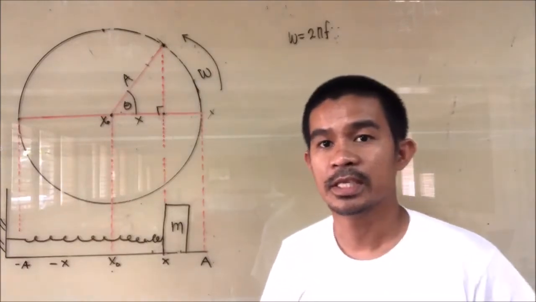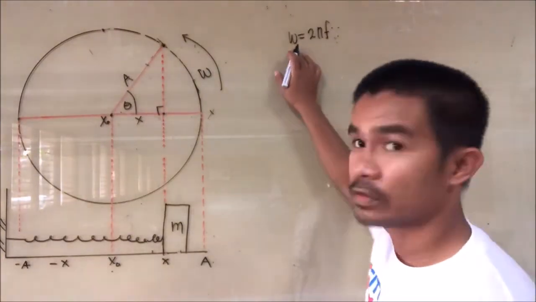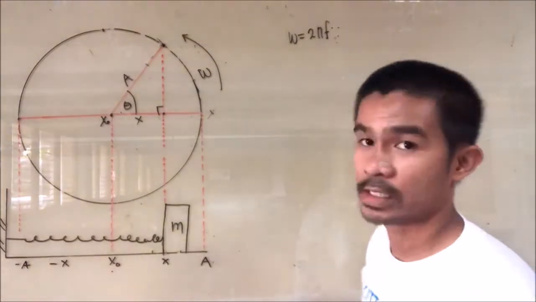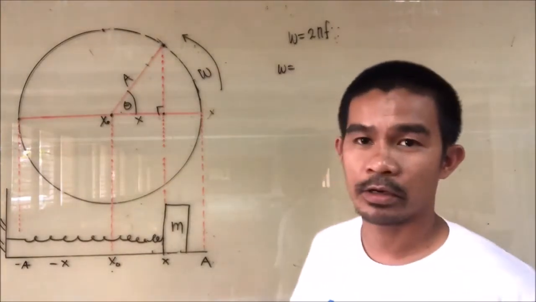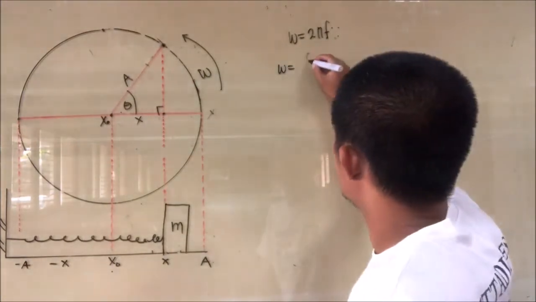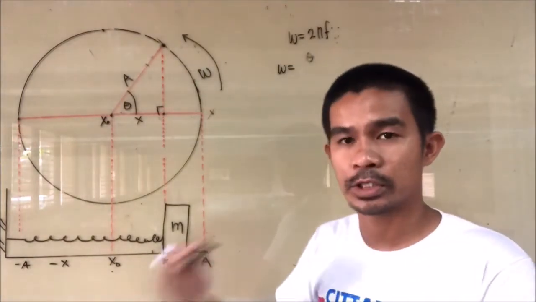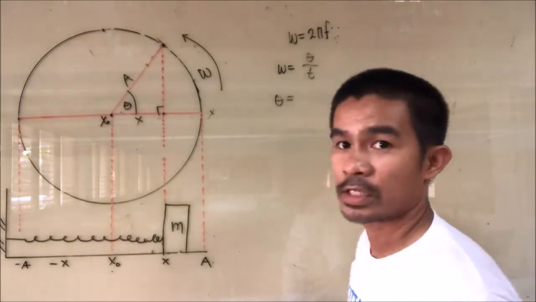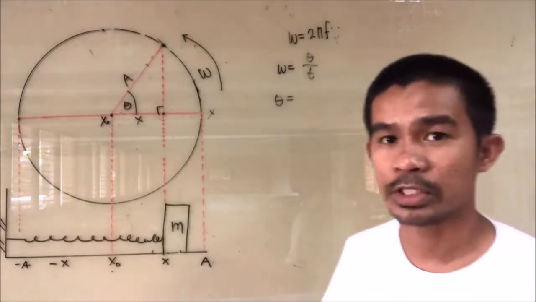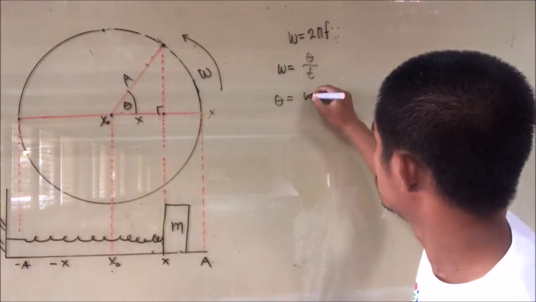Now, since the angular frequency is 2 pi f, and omega, the angular frequency, can also be expressed as the amount of angle displaced over time, then theta, or the amount of angle displaced, will be omega t.